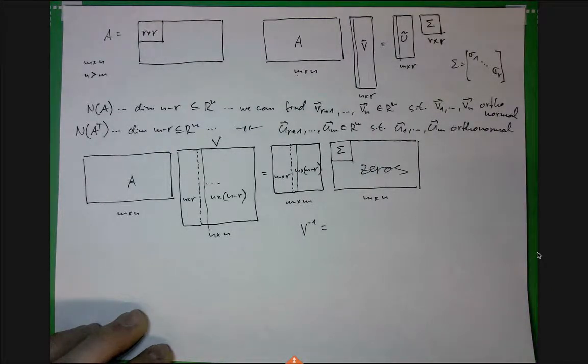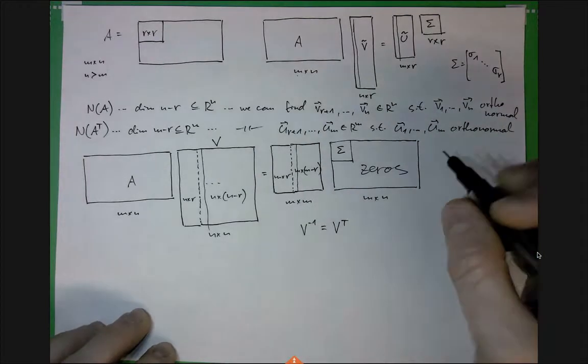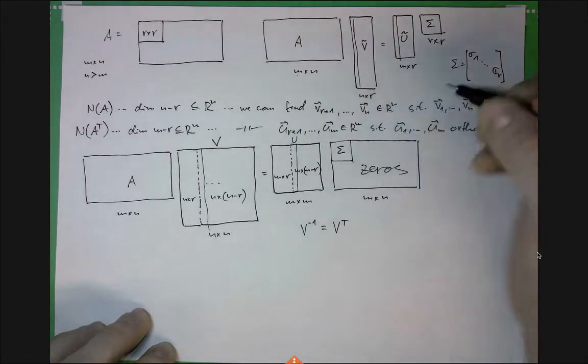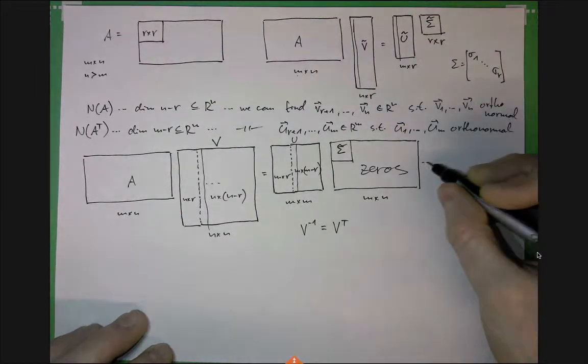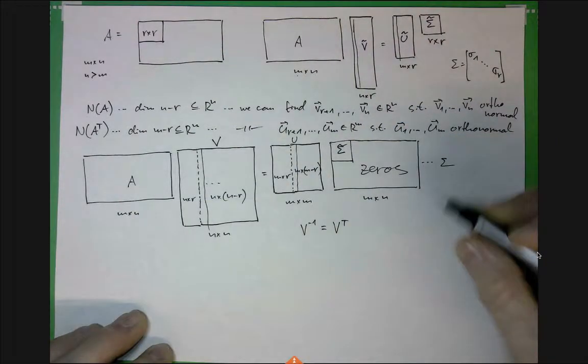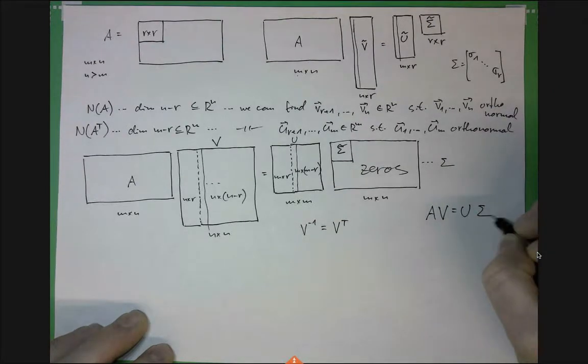Did I get you by surprise? V transpose, exactly. So I will call this matrix just sigma, and this equation I can write as AV equals U sigma.